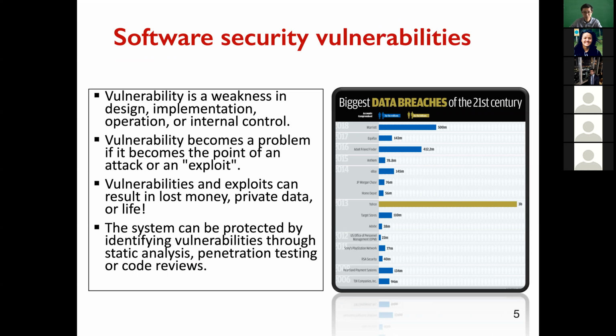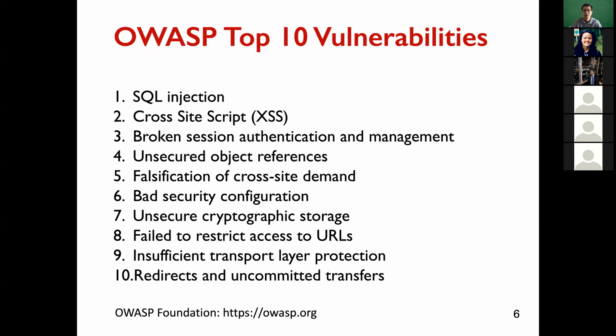Then there are lists of vulnerabilities. We talked about the OWASP top 10 vulnerabilities, such as SQL injection and cross-site scripting. In your assignment for TP3, you may find similar vulnerabilities.